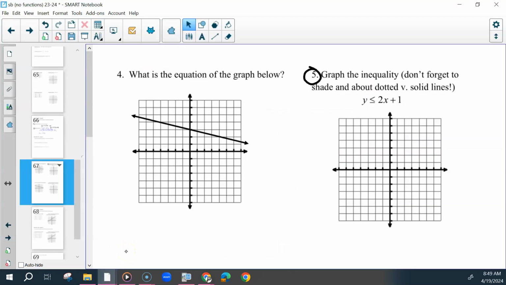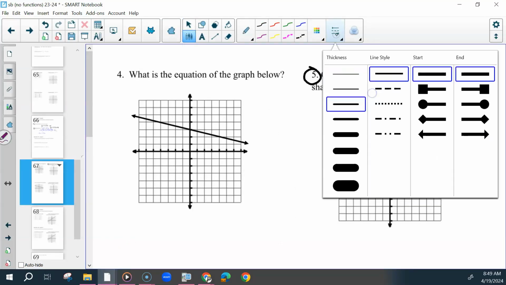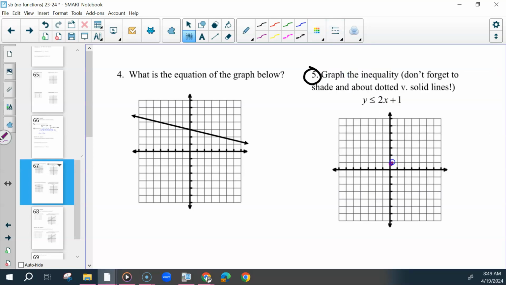So on your graph, it will look something like this. Questions on any of those? So make sure you have those written down and then look at your notes.